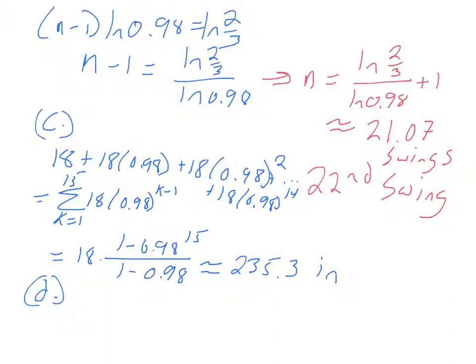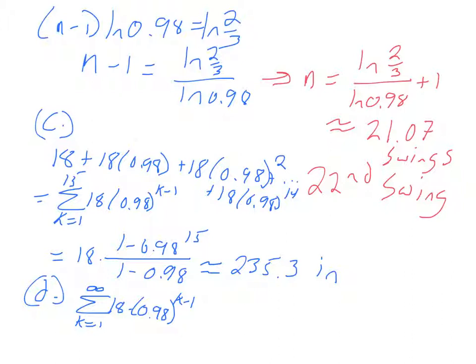So essentially we're asking the question, what is the sum as k goes from 1 to infinity? We're essentially asking, what is the infinite sum of this series of 18 times 0.98 to the k minus 1?